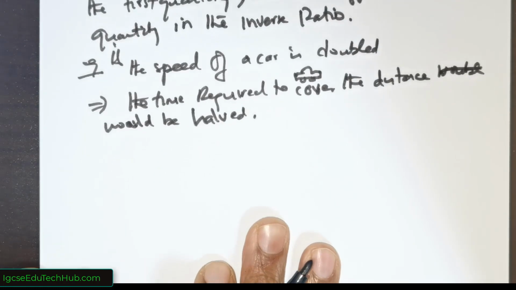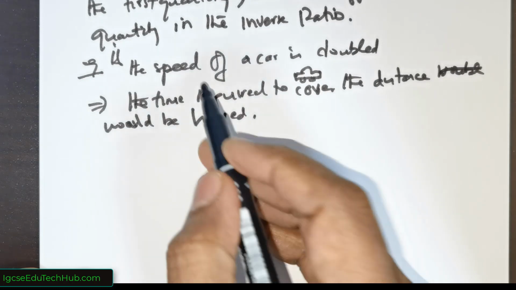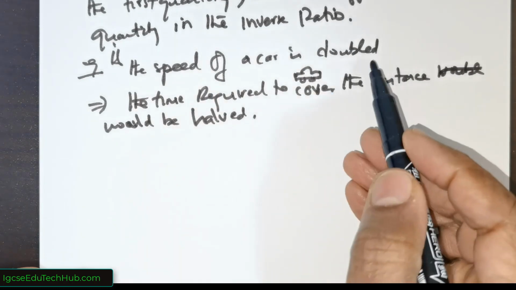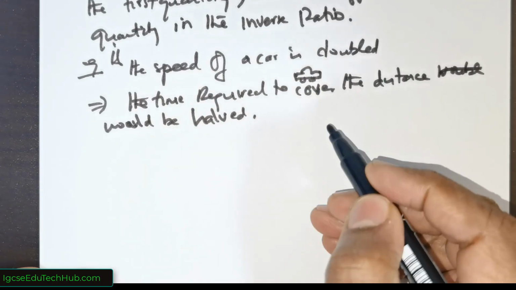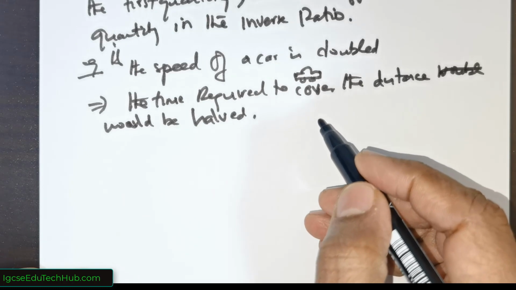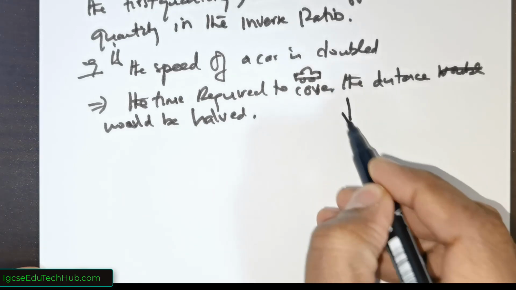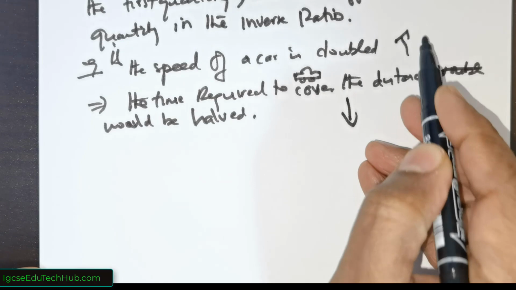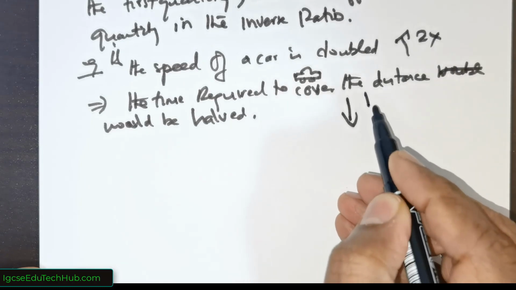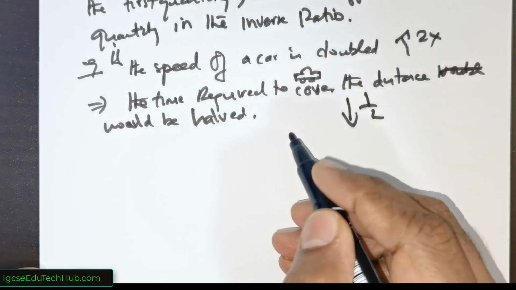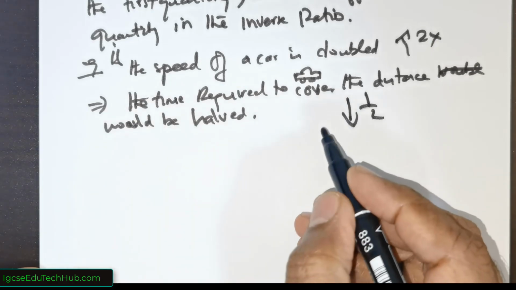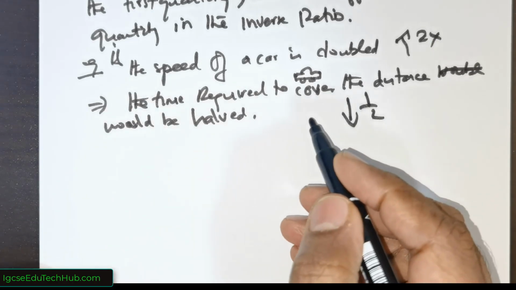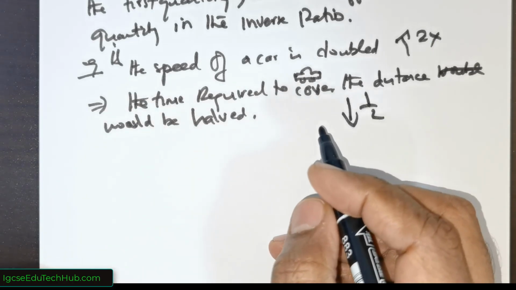Okay, because when the speed increases 2 times, definitely the time will go down by half. So you only need half the time that you usually take to cover the distance.